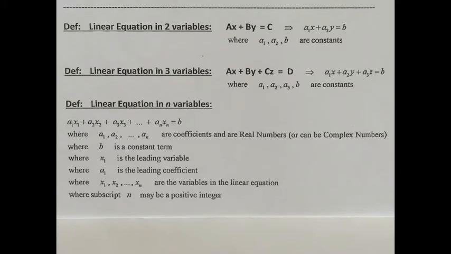They can be complex, but for our class they're mostly going to be real numbers, though they can be complex in upper level classes. b is going to be a constant term. x sub 1 is the leading variable, a sub 1 is the leading coefficient, and x1 through xn are the variables in the linear equation, and the subscript n may be a positive integer.